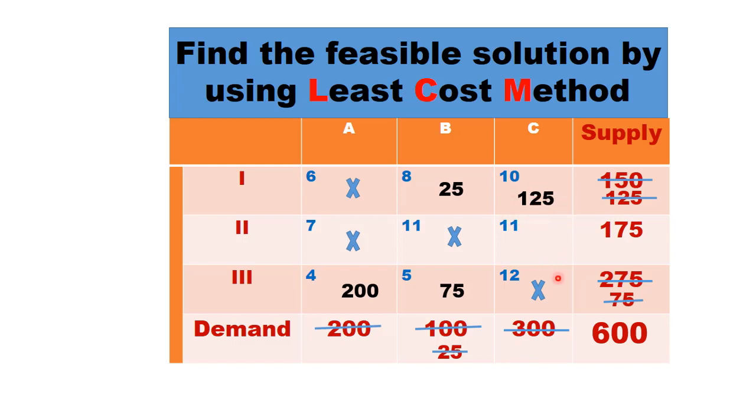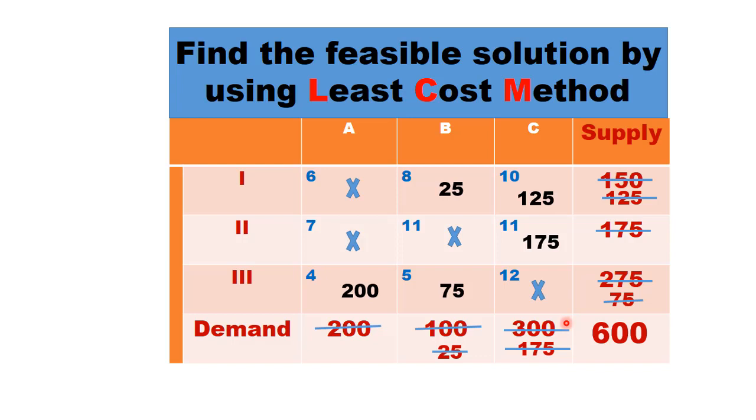The rest of the units are 175. There is only one unallocated cell, that is this one. See the supply and demand values, 175 and 175. This is a balanced transportation problem, so both the demand and supply are equal in the final allocation cell, that is 175. At this stage, both the demand and supply of origin and destination get saturated.